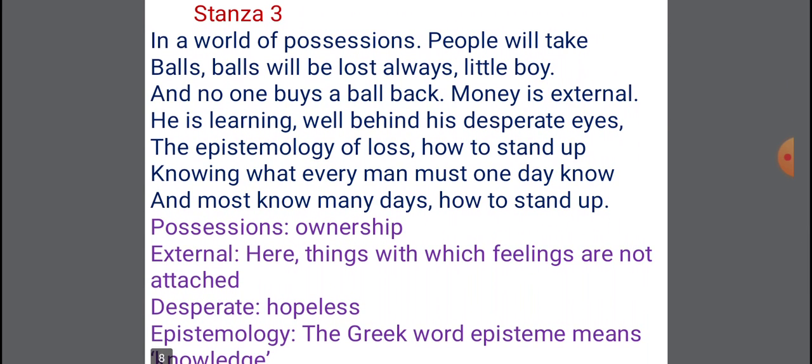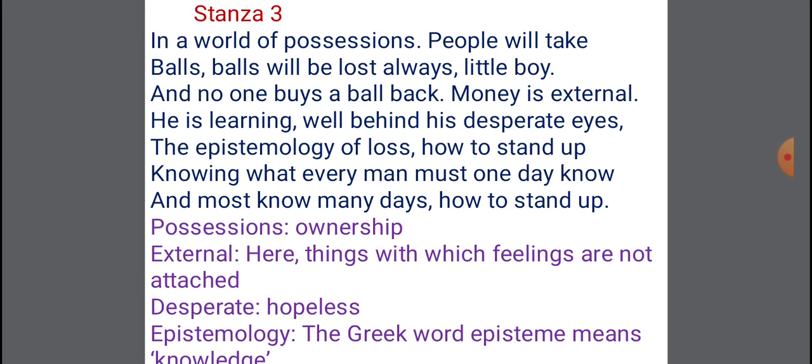Now see stanza 3. In a world of possessions, people will take balls, balls will be lost always, little boy, and no one buys a ball back. Money is external. He is learning well behind his desperate eyes the epistemology of loss, how to stand up, knowing what every man must one day know, and most know many days, how to stand up.